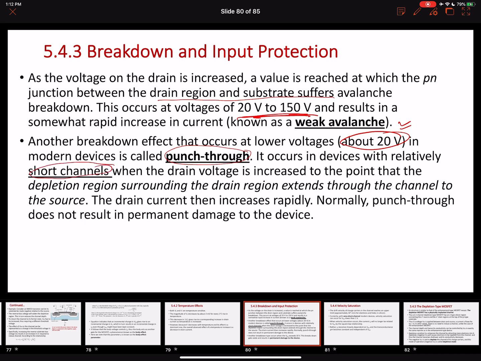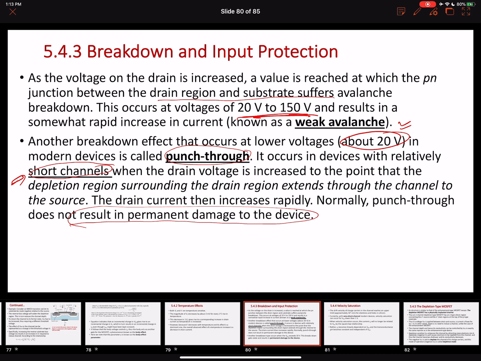When the drain voltage is constantly increasing and reaches a certain point, let's say 20 volts, the depletion region surrounding the drain region will extend through the channel to the source terminal. And then the current will increase very rapidly, right? This will not permanently damage the device, and of course, this will be more dominant in the shorter channels.